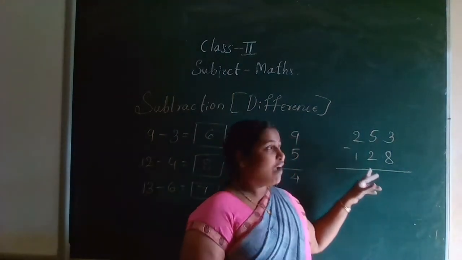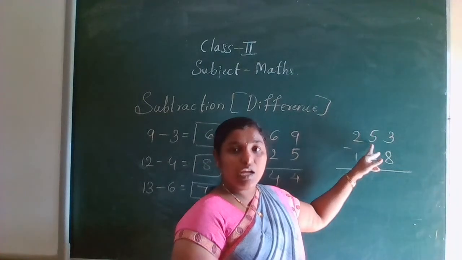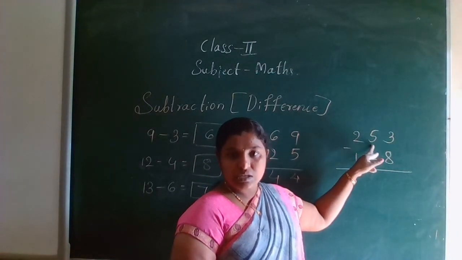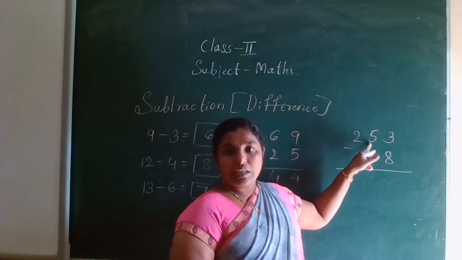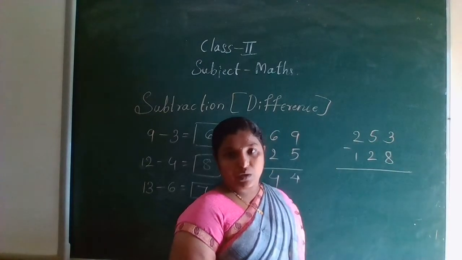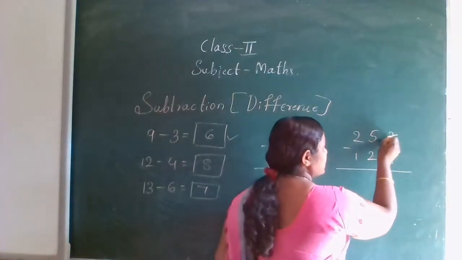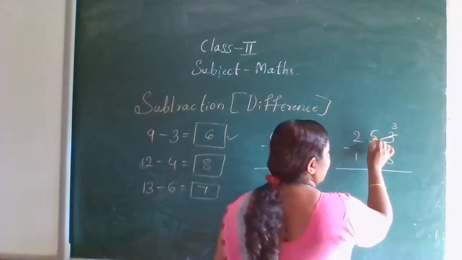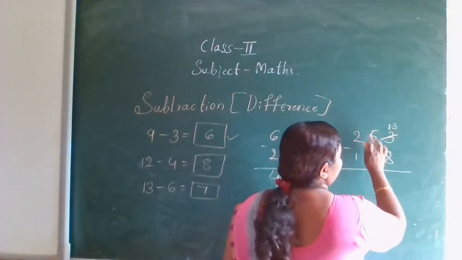So what you have to do is we should take 1 ten from the neighbor. This is the tens place. We have to take one number from here for this. So what we have to do is just put the line, write 3 as it is up, take 1 from this, find the 1.